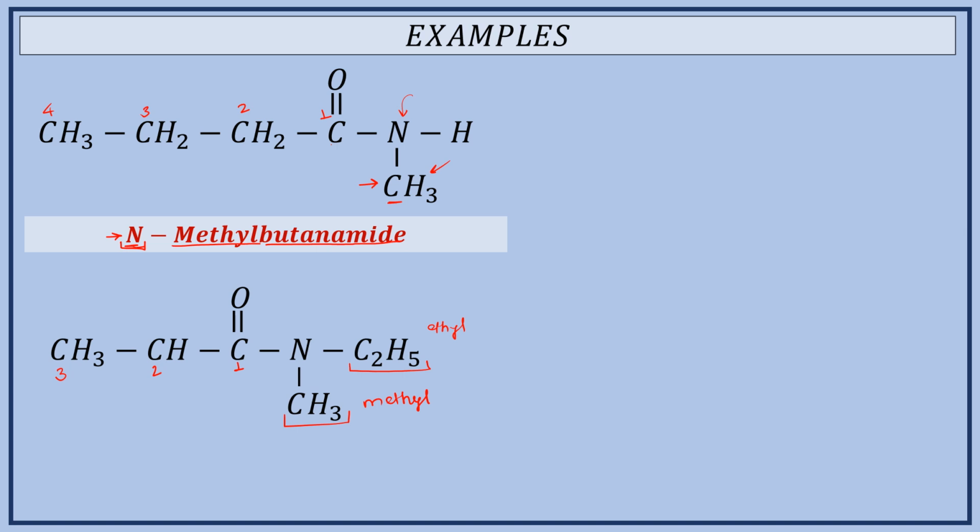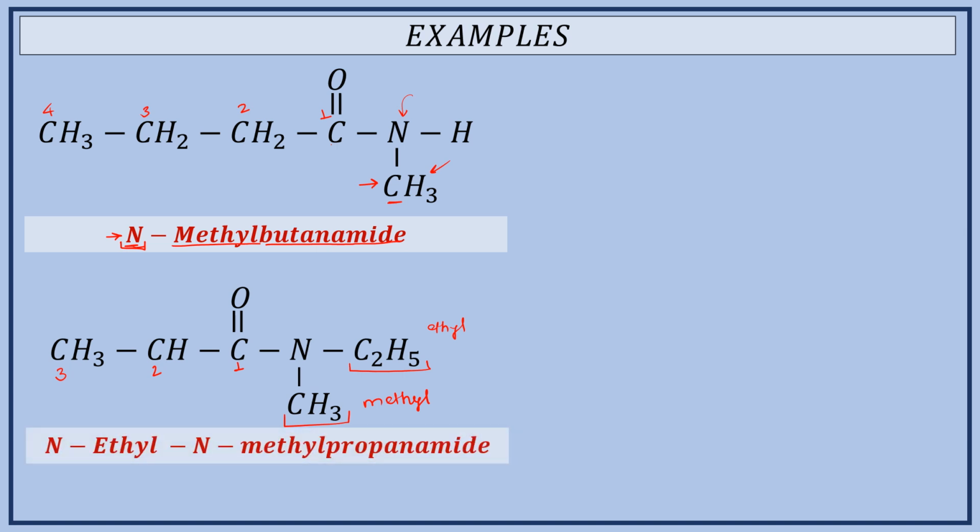It will be named as propane. And to name it as an amide, it will be named as propanamide. Now we have an ethyl and a methyl. So we will arrange the names of these substituents in alphabetical order. The final name becomes N-ethyl-N-methylpropanamide.